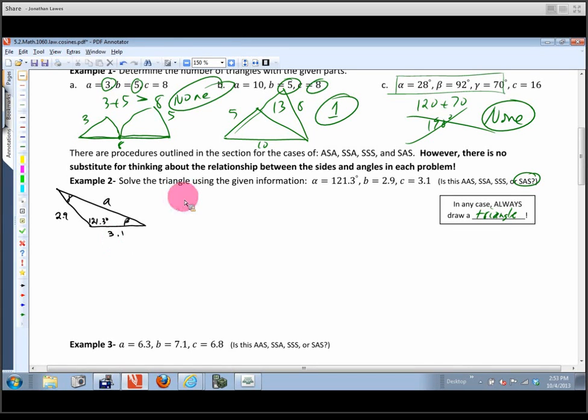So I'm looking for side a, so I'm going to do a squared equals b squared plus c squared. There's the Pythagorean theorem, and then remember, it's going to be a minus 2 times these two guys right here, so 2 times bc, and then the cosine of alpha.